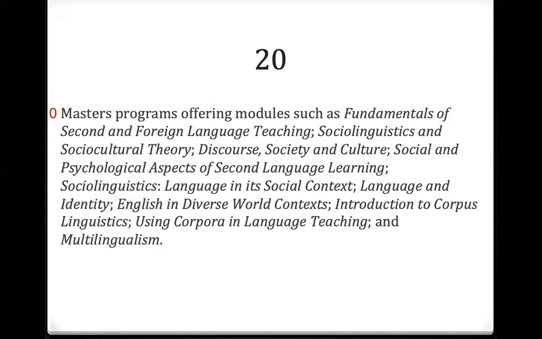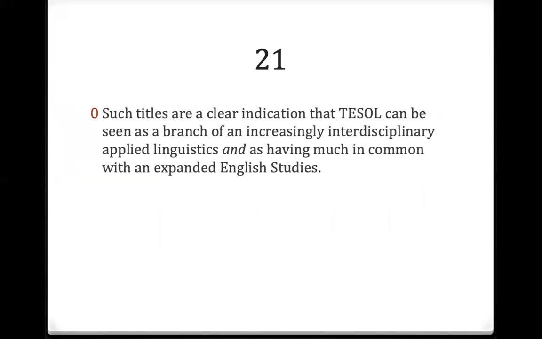Courses such as social and psychological aspects of second language learning, sociolinguistics, language in its social context, language and identity, English in diverse world contexts, introduction to corpus linguistics, using corpora in language teaching, and multilingualism. These were the courses under humanities and social sciences at master's level, right?